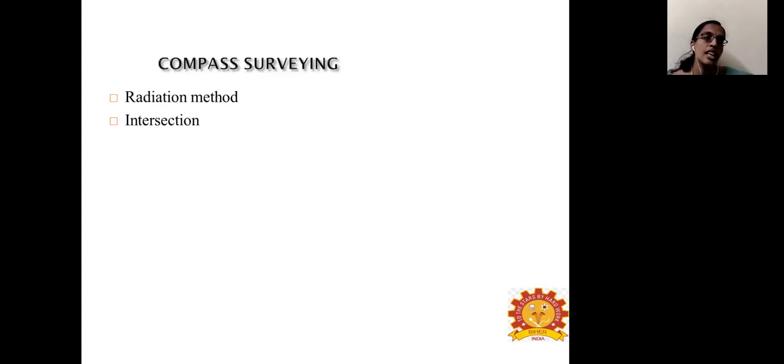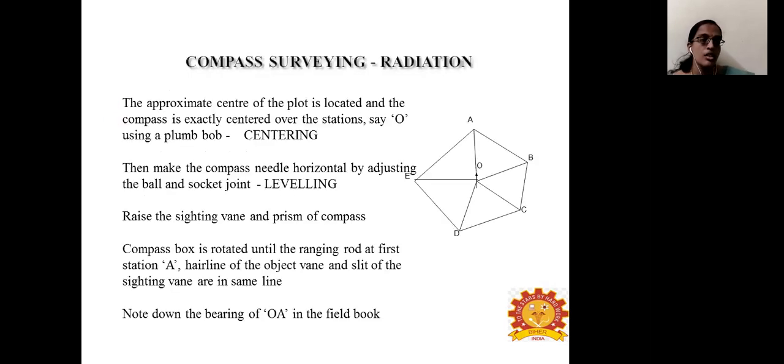With compass surveying, you can use two methods: the radiation method and the intersection method. First, you plot the center, which will be located exactly over the station using a plumb bob. Then you locate the same point on the paper. This one is known as O. By using the ball and socket arrangement, you can check whether it is level or not.